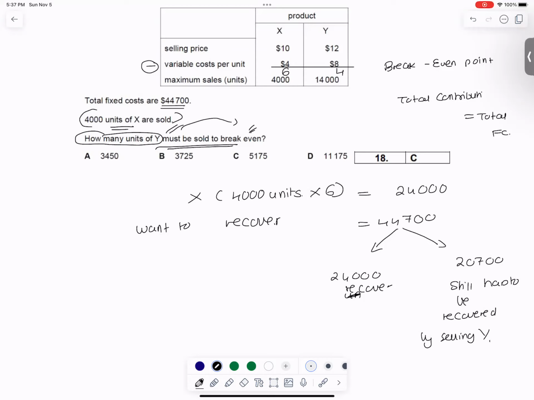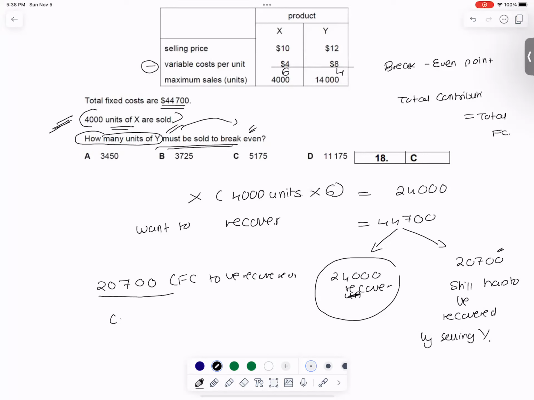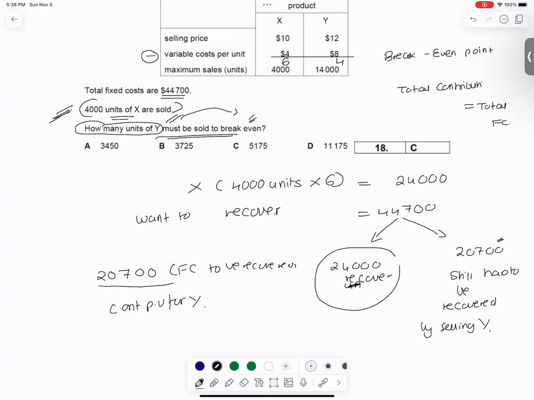But you should remember that you are already selling 4,000 units of X. So this is already recovered. So now I have to recover only 20,700 by selling Y. So 20,700 fixed cost to be recovered upon contribution per unit for Y. What is the contribution per unit for Y? 4.